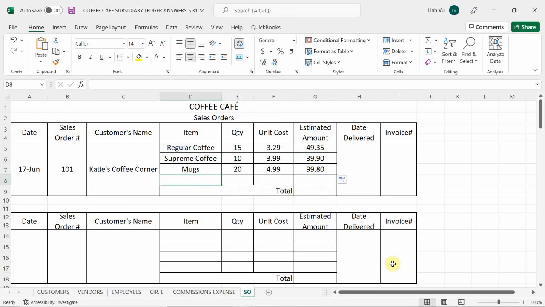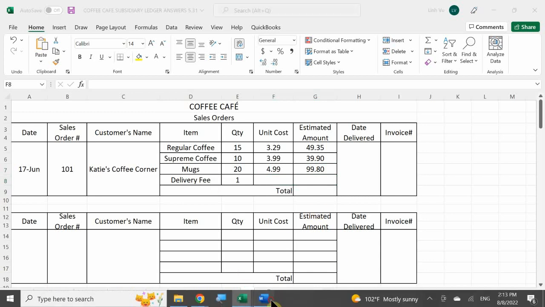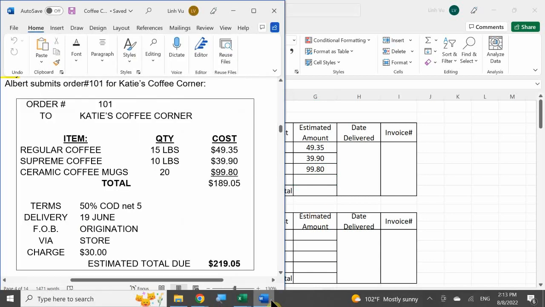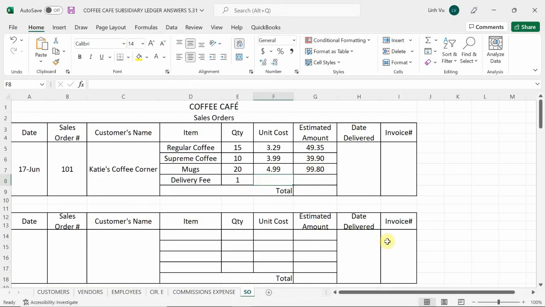Yes, and this is where we also have the capability to put a delivery fee. How much is it for one delivery charge? It's $30 for the delivery charge. So in this case, we need to tack on a $30 charge. So equals sum.